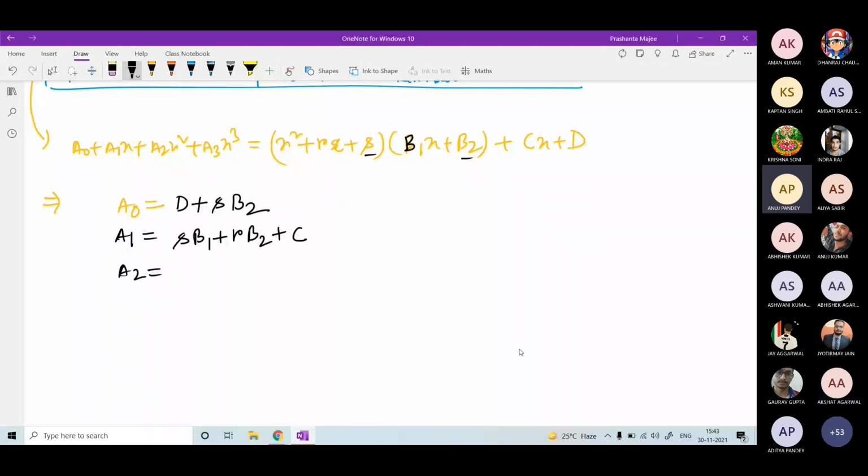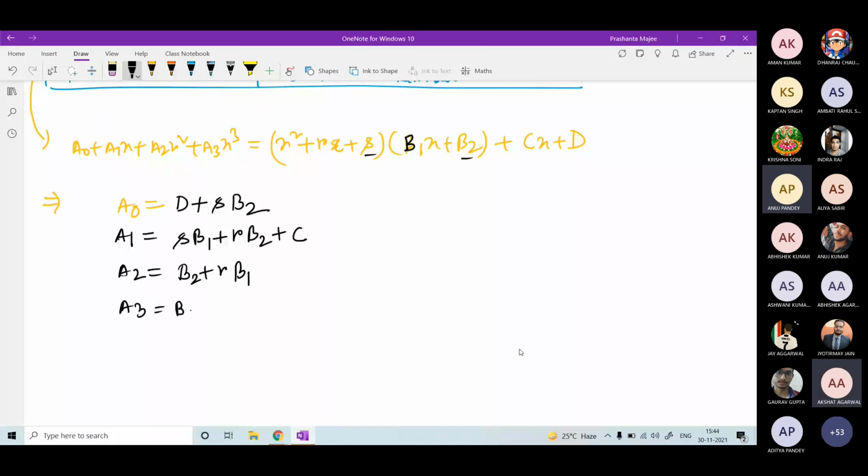A2 is B2 + rB1. And what is A3? A3 equals B1.